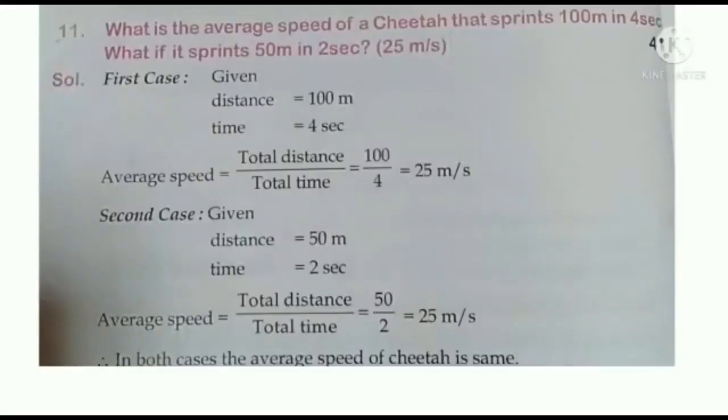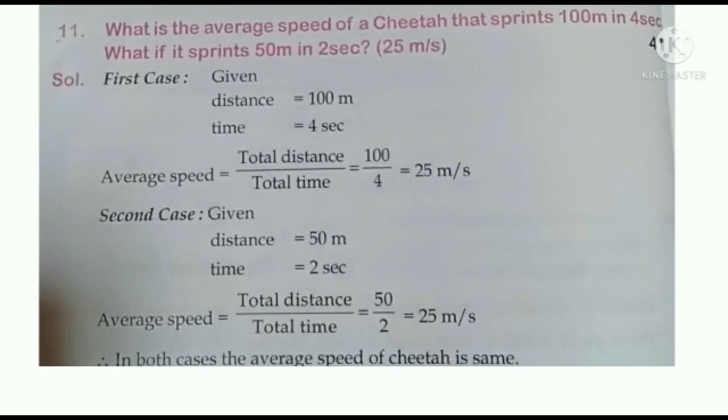Now we discuss a problem. What is the average speed of a cheetah that sprints 100 meters in 4 seconds? What if it sprints 50 meters in 2 seconds?